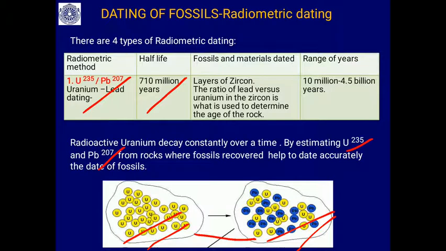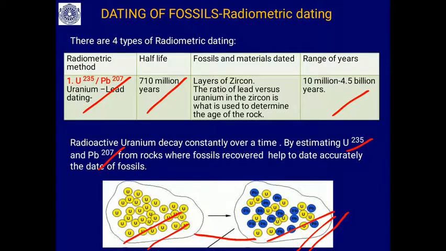This is very useful to estimate the age of fossils from 10 million years back to 4.5 billion years back. These are the layers of zircon, which is a mineral. In the zircon layer you can see a lot of uranium deposits. By seeing the ratio of lead versus uranium in that rock, in the zircon layer, one can determine the age of the rock.